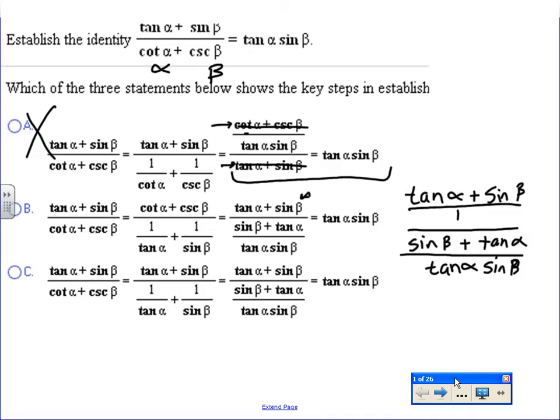Okay, so I want you to notice here, tangent alpha plus sine beta is the same thing as sine beta plus tangent alpha. So that means that we can cancel those out there. So this would cancel. And so now that would leave me with 1 over tangent alpha sine beta.